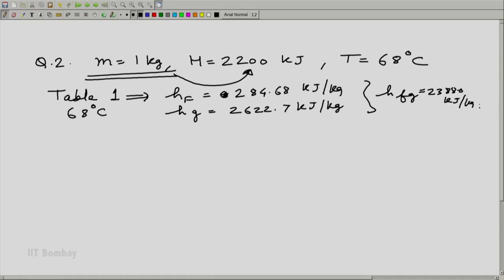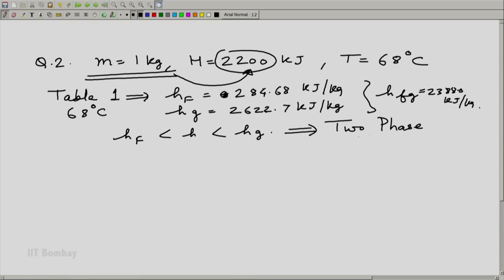It is not very important for us. We see that the value of 2200 is between HF and Hg, so HF is less than H, less than Hg, and therefore this is the two phase region. That means we are under the dome again.